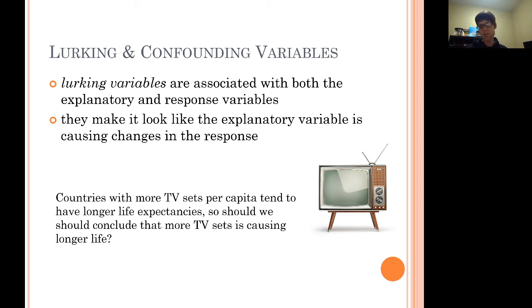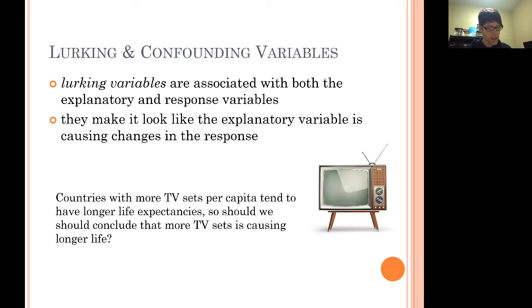So, for example, I've tried to create a scenario down here at the bottom with televisions that hopefully introduces you to this idea of a lurking variable. Countries with more TV sets per capita tend to have longer life expectancies. So obviously we should conclude that more TV sets is what's causing longer life expectancies in these countries.